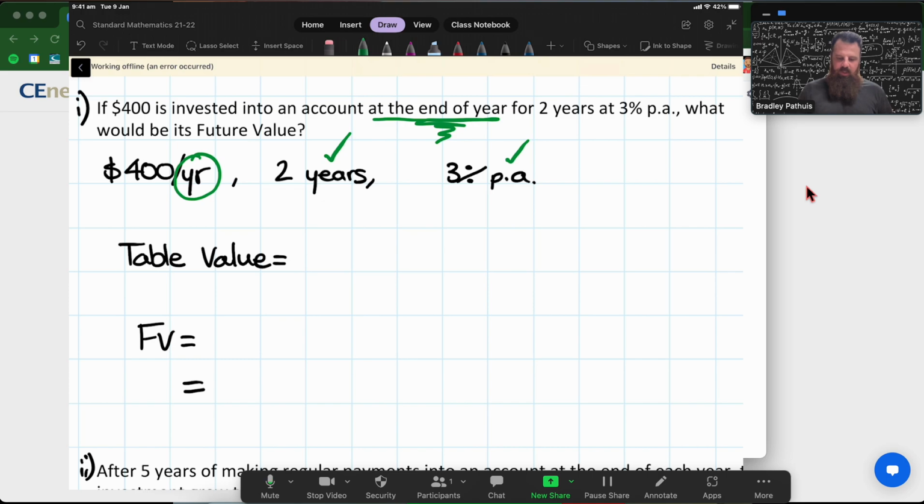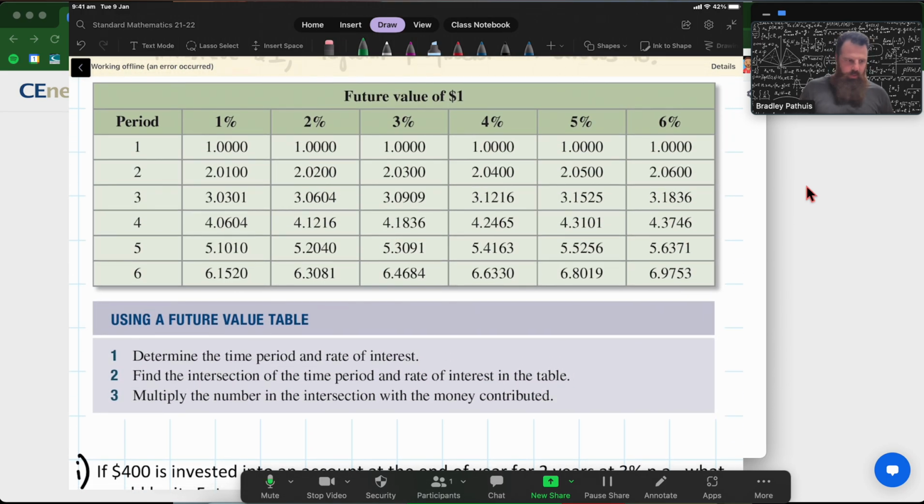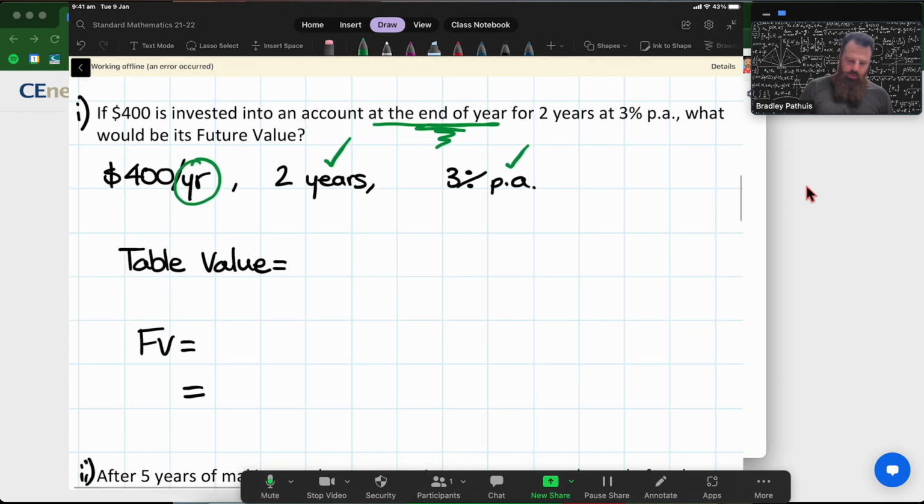So now what we do is we go to our table and we're looking at the 2 years row, 3% row, and the value that we're using is 2.0300. So our future value, well, how much did I invest?